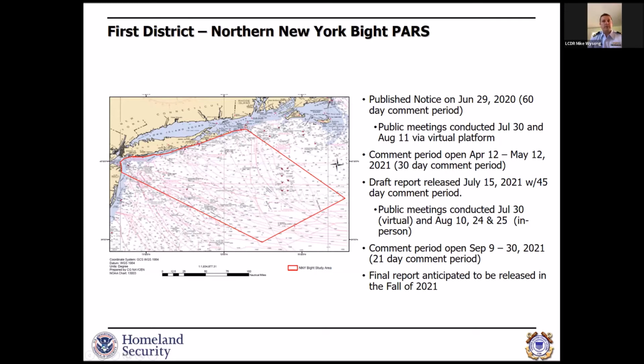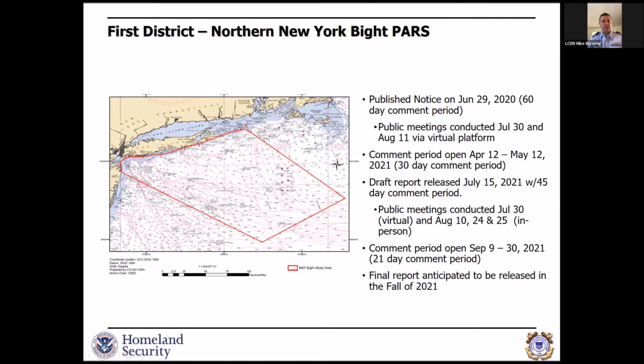There were also some examples such as extending the traffic separation schemes out to the edge of the outer continental shelf. And that was another question in the supplemental. Can we request that the public provide additional information as to why that's necessary? These types of questions. That was a 30-day comment period, received some good responses there.